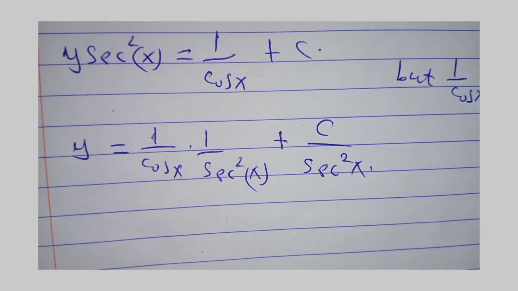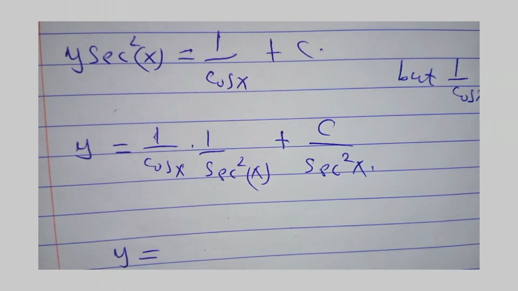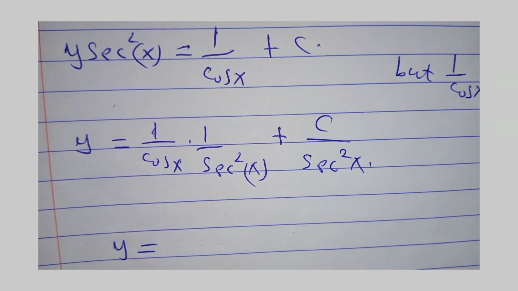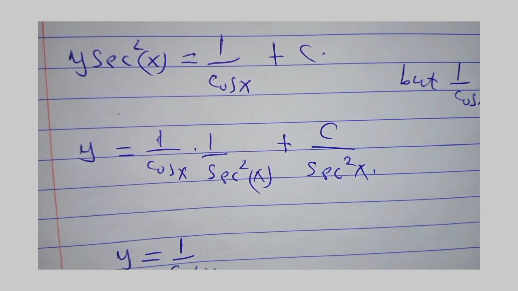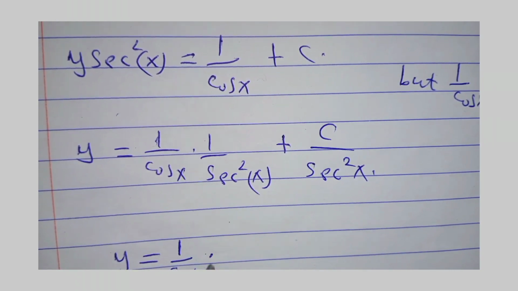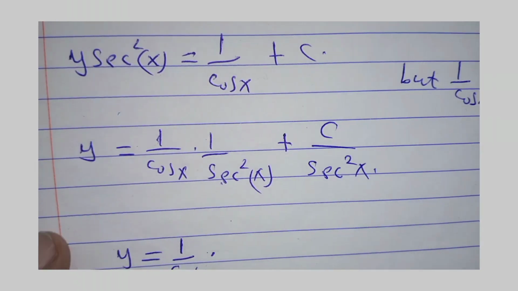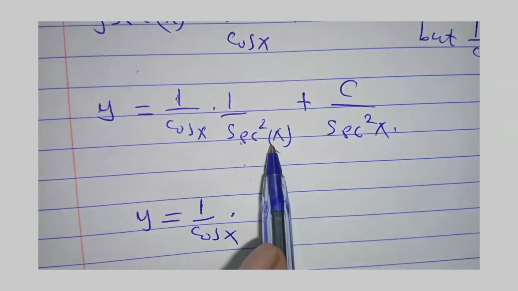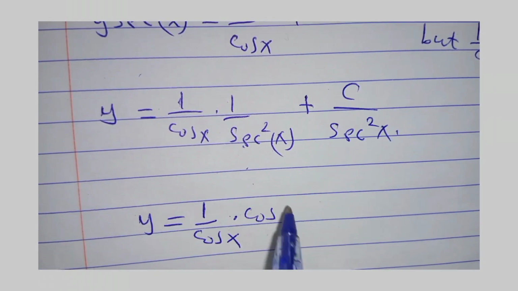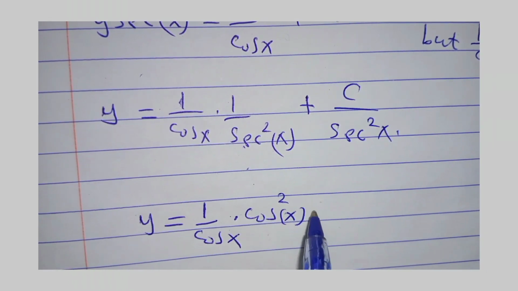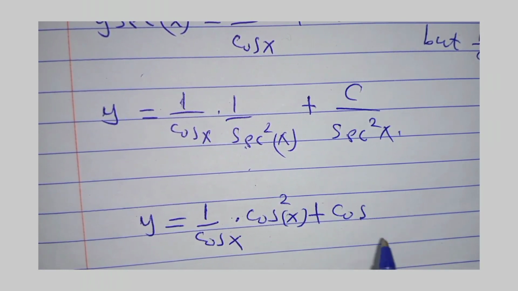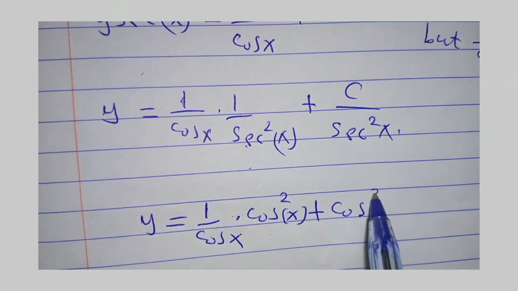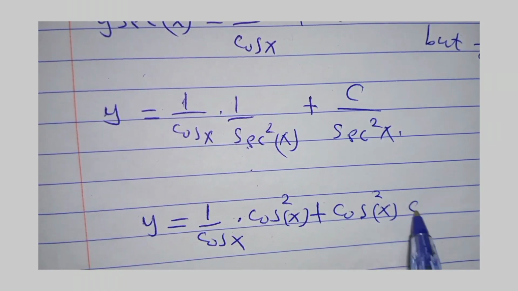So finally, our result will be y is equal to 1 over cos of x multiplied by, instead of 1 over sec squared x, we can write it as cos squared of x, plus c cos squared of x.